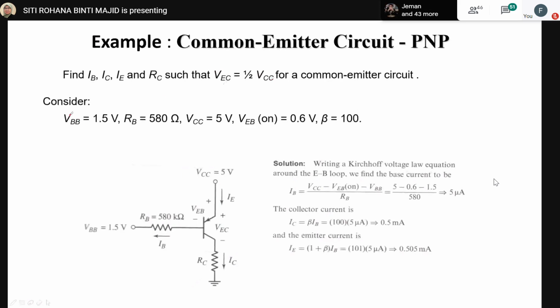So you need not worry because normally the important parameter values will be given in the text or in the diagram, or both. So parameter values are given in the text of the question. For example, here we change a little bit so that VEB on is 0.64.